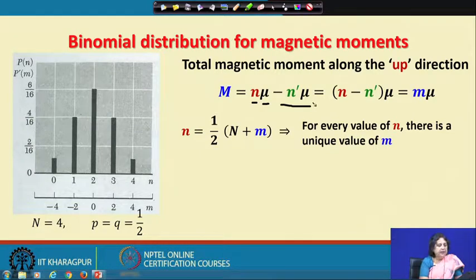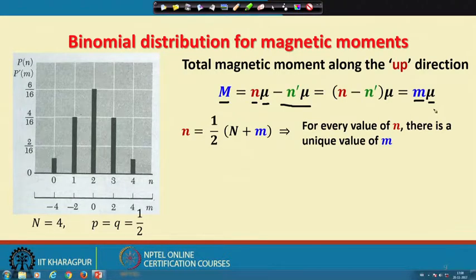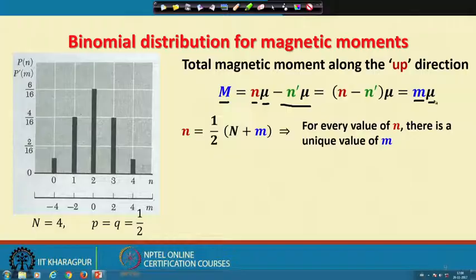Therefore, if I combine, the total magnetic moment along the up direction, capital M, is given by some number small m into mu. What is mu? Mu is the intrinsic magnetic moment associated with each spin-half particle.